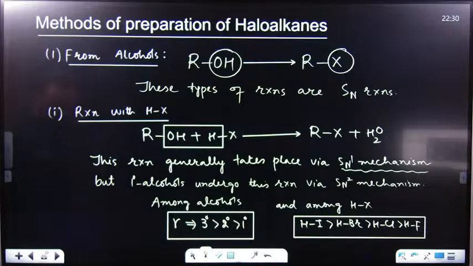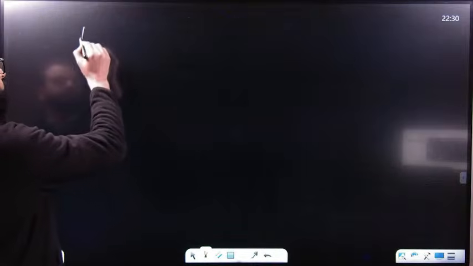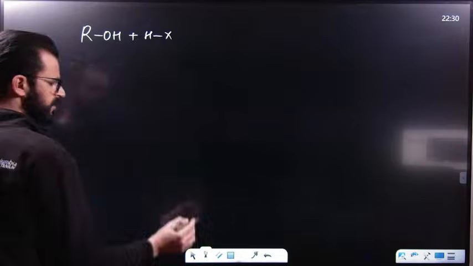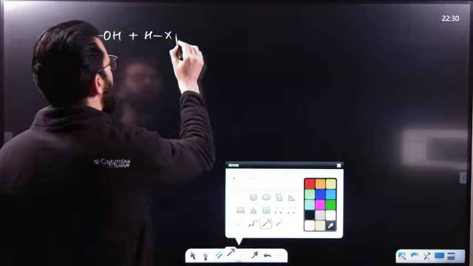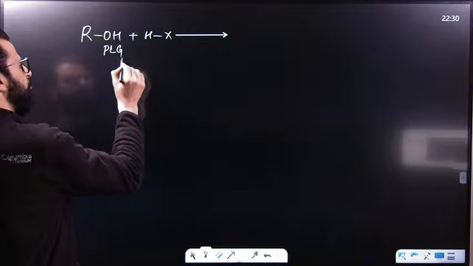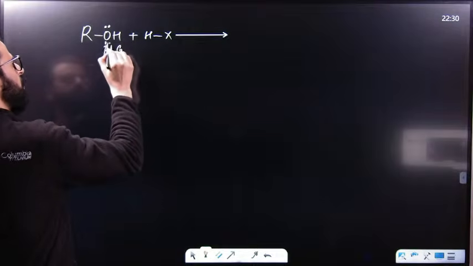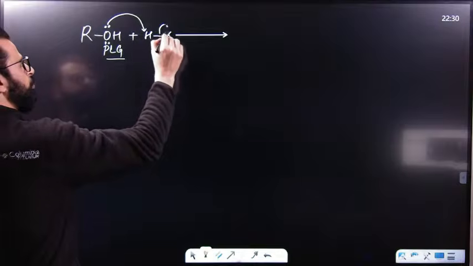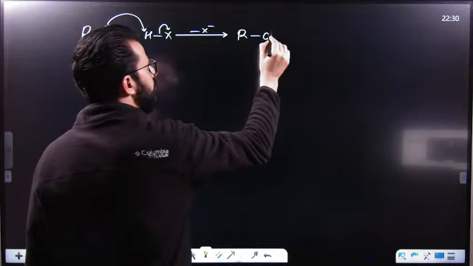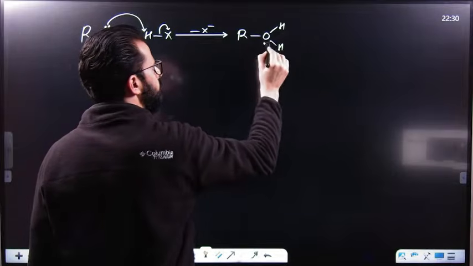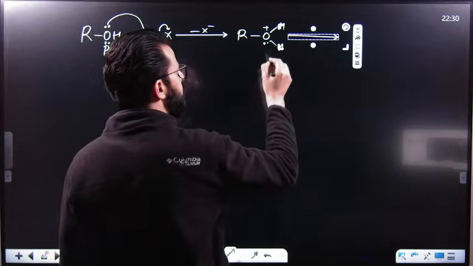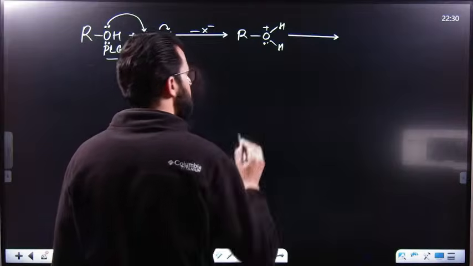Now, if our alcohol undergoes the SN1 mechanism, then what will happen? First of all, as OH is not a good leaving group, this is a poor leaving group. So first of all, protonation of alcohol takes place, and it results in the formation of this oxonium ion. Now this becomes a good leaving group.